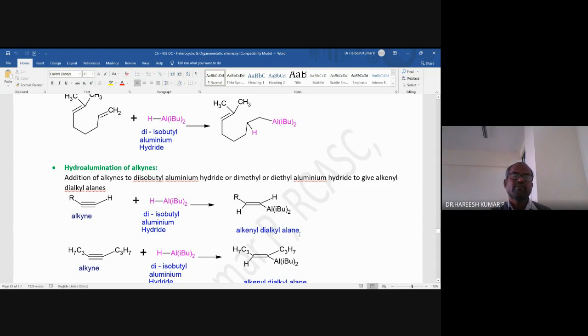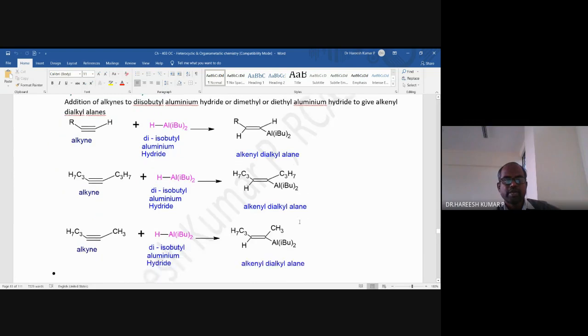Suppose one can frame a question: how do you synthesize alkenyl dialkyl alane? You can mention this method: an alkyne, when treated with diisobutyl aluminum hydride, gives alkenyl dialkyl alane. So this is a general example.